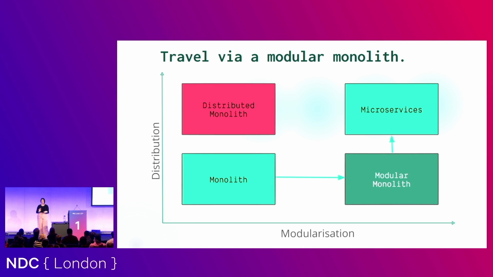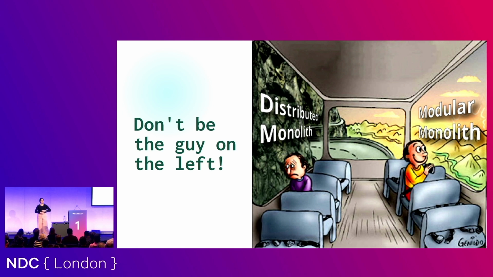We're going to learn how that happens and how you get there, okay? So this is the way that I recommend you start moving. All right, and I always think of this little diagram, you know, you see memes of this everywhere. You do not want to be the miserable dude on the left there with the distributed monolith. Okay, we want the modular monolith. I'm a big fan of it, can you tell?